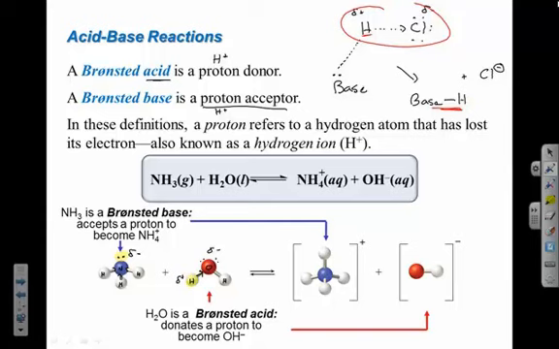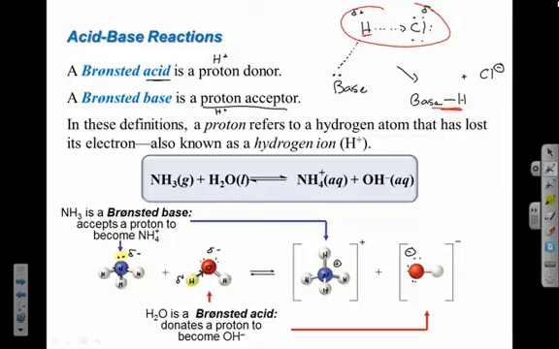So the oxygen will have now 3 lone pairs instead of 2, taking on a negative charge. And now if the nitrogen during that collision starts to share its electrons with the hydrogen, it will form a new bond. And now it will have 4 hydrogens attached instead of 3. And now it will carry a form of positive charge.